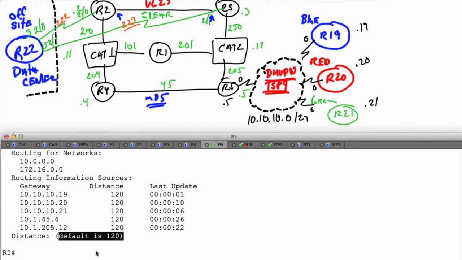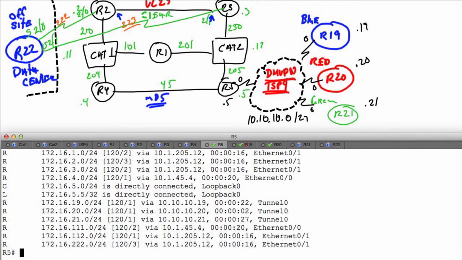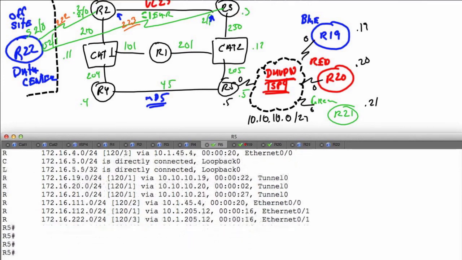My default distance is 120. But I'm not advertising any information.